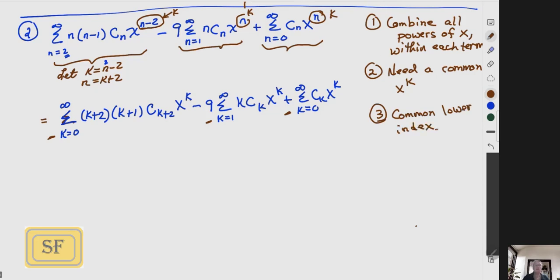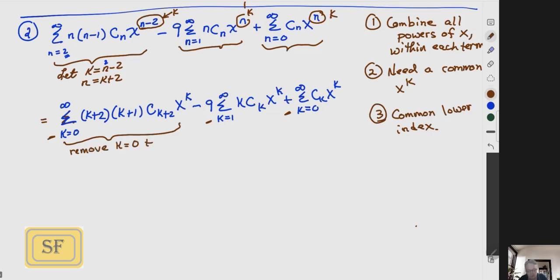Because we have different lower indices, we'll want to rewrite these summations by removing terms, and we always want to expand to the higher term. So where I have k equals 0, I'm going to remove one term.